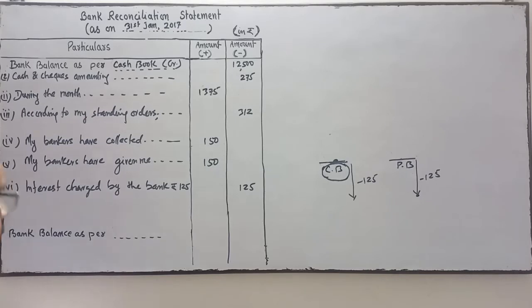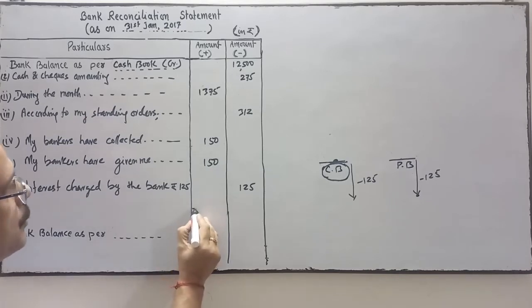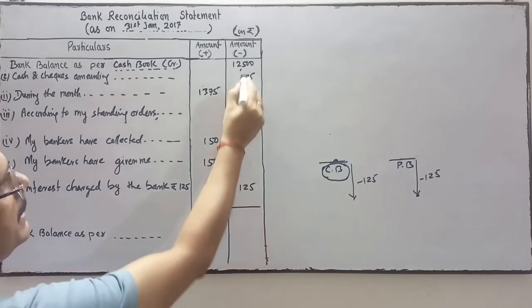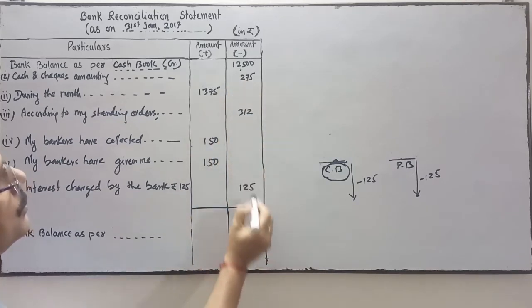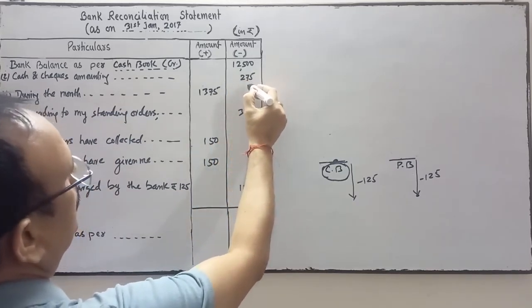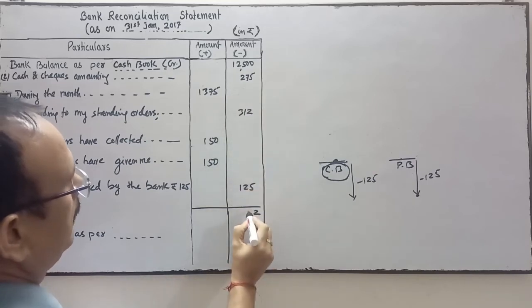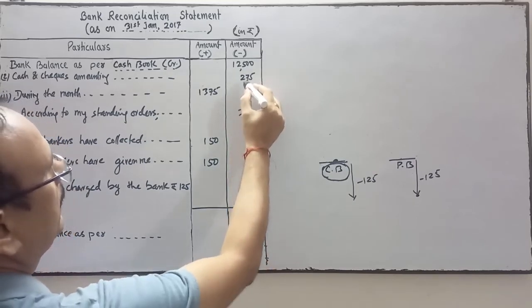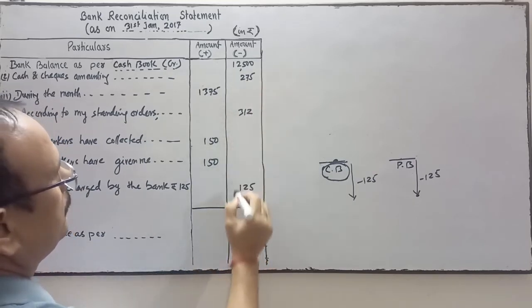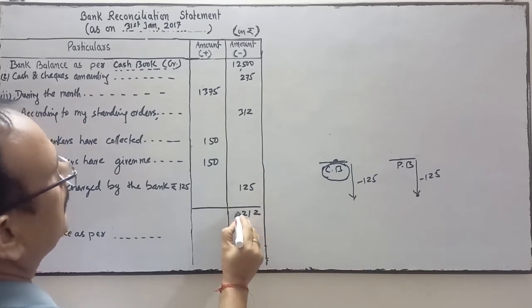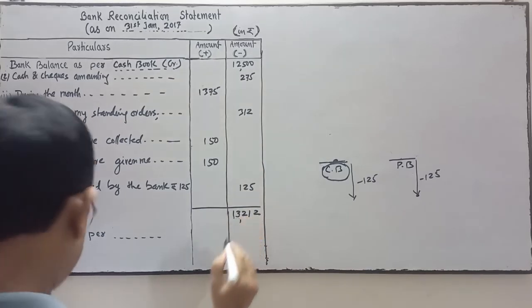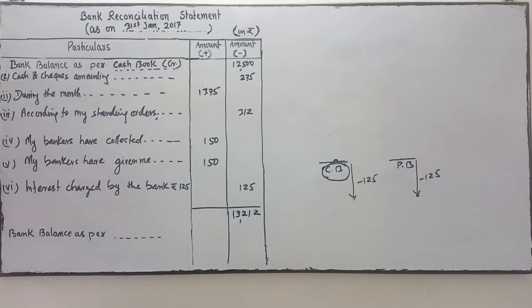Now we'll do the total. Okay. So this side total is 13,212.